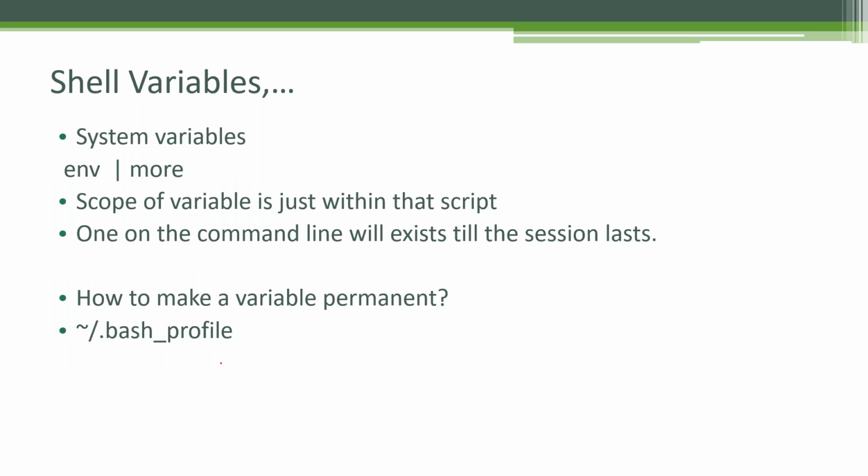And more on the variables again. If you want to display the system defined variables, you can type in env, which will display all the system defined variables. And you can pipe it with the more command so that you can see the list of variables line by line.